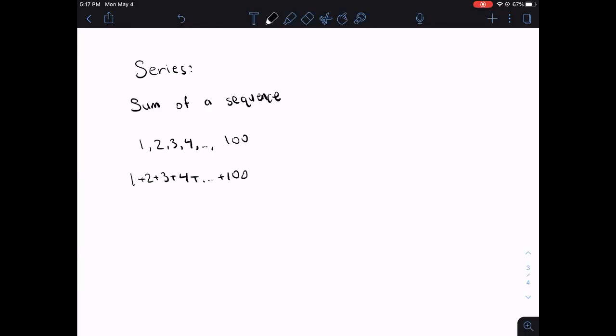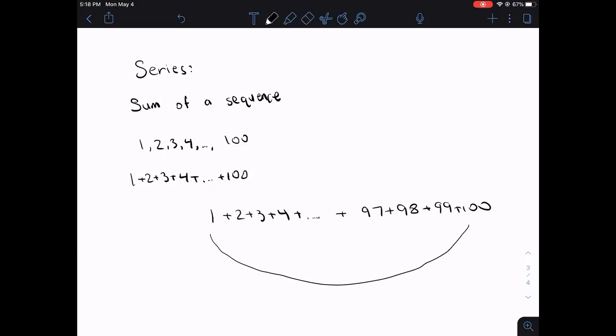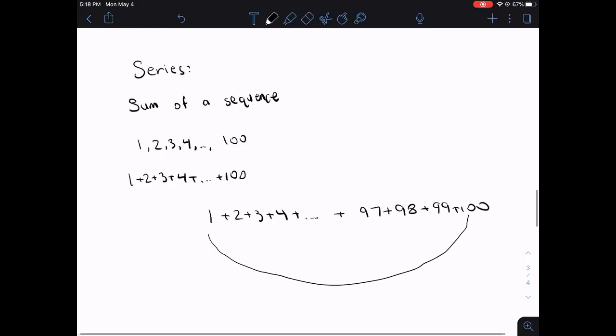All right, so people are saying stuff in the chat already, so I'll just go over the solution. So we noticed that if we write this out, and in the end, we pair these numbers together. 1 plus 100 is 101.